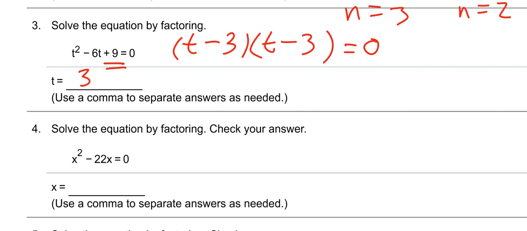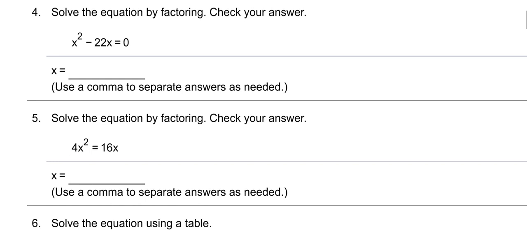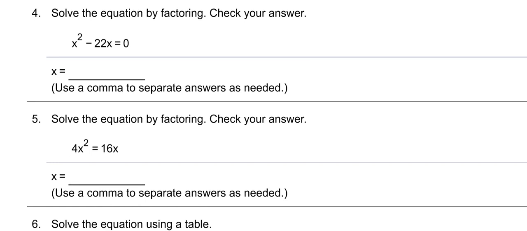The answer is no. The only value that is a solution is 3. We will talk about that more when we get to polynomials.